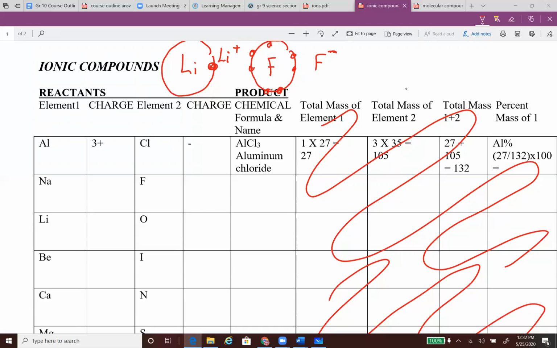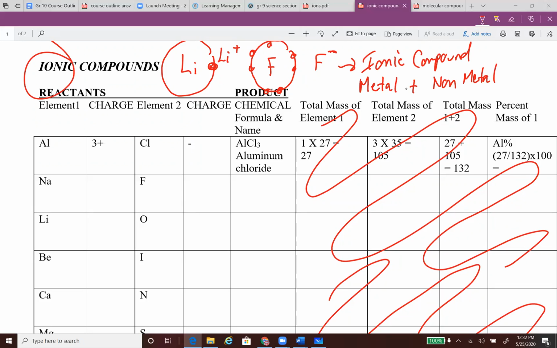So if that happens, you get something called an ionic compound. This is going to happen between a metal and a non-metal. The metal is going to want to lose the electrons, and the non-metal is going to want to gain electrons. So they'll pair up and form something called an ionic compound.